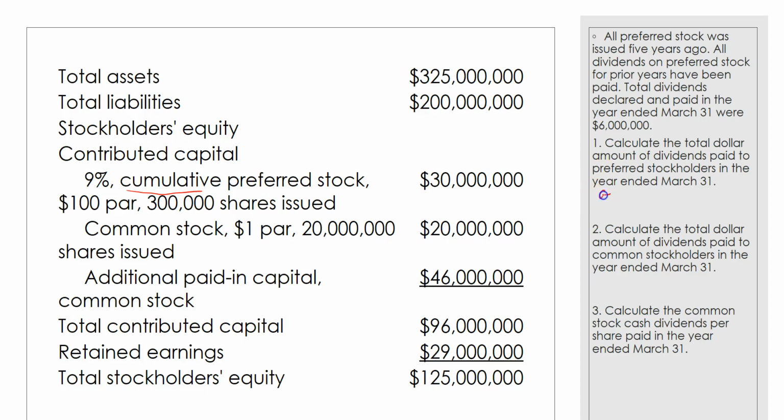So here the dividend owed to each preferred shareholder is 9% of the par value of $100. So each preferred shareholder is to receive $9. We have 300,000 shares issued. So collectively, we owe our preferred stockholders 9 times 300,000. So that's $2.7 million.